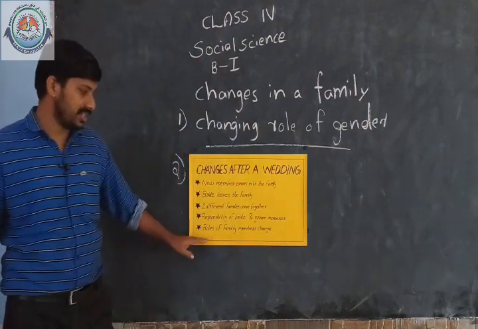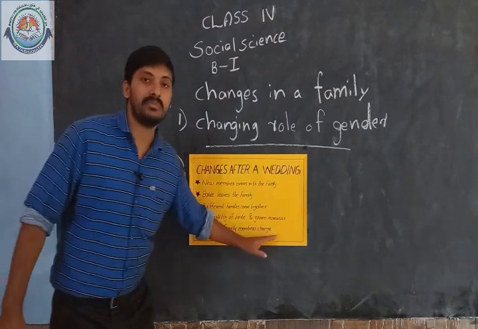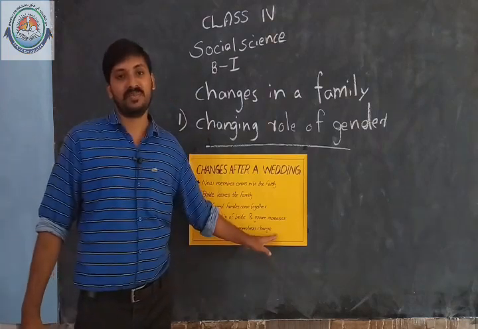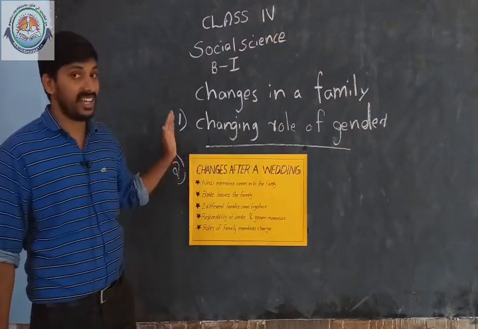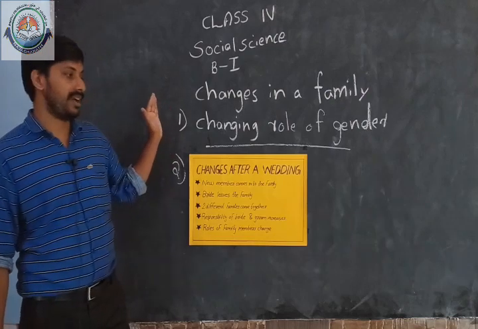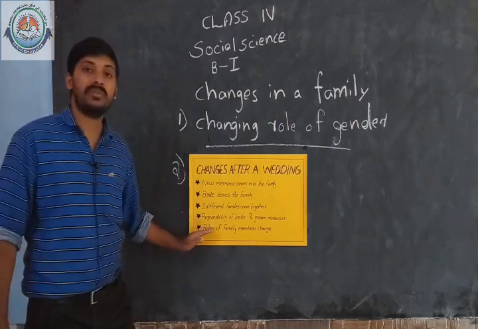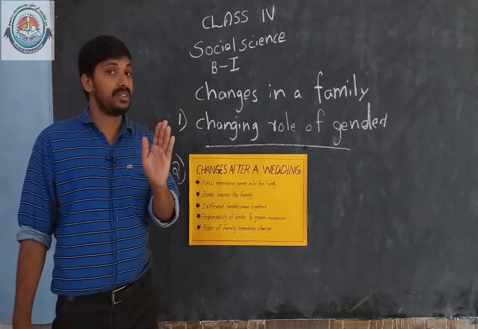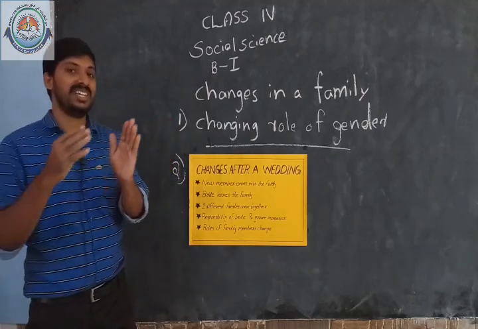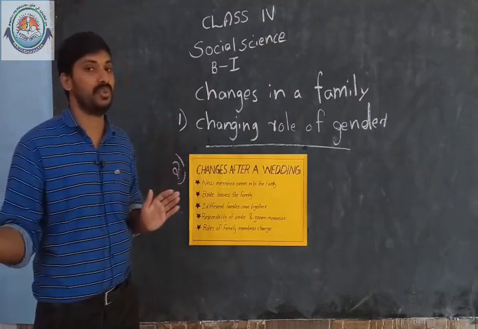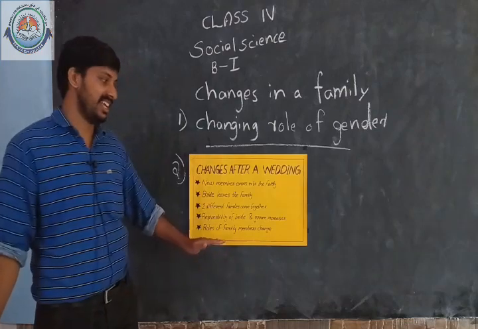The last point is that the roles of family members may change. We can analyze Kabir's family. In Kabir's family, Kabir also gave up his playing room to his uncle and auntie.